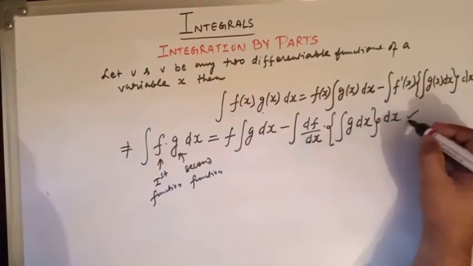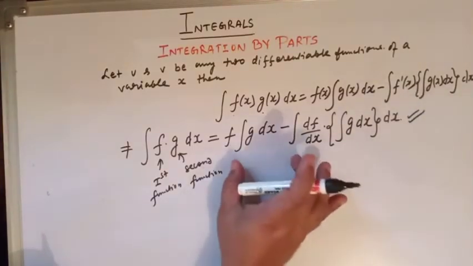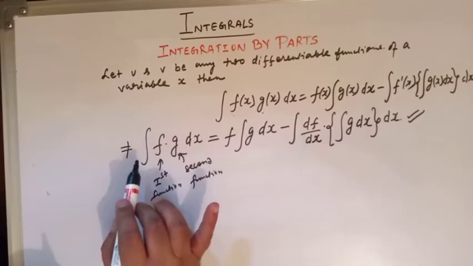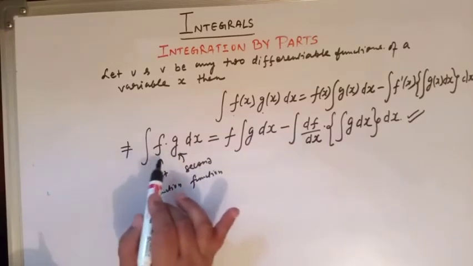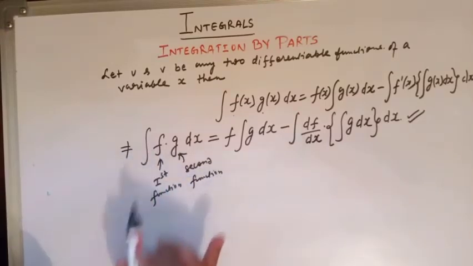So this is the final formula for integrating the product of two functions. Clear?